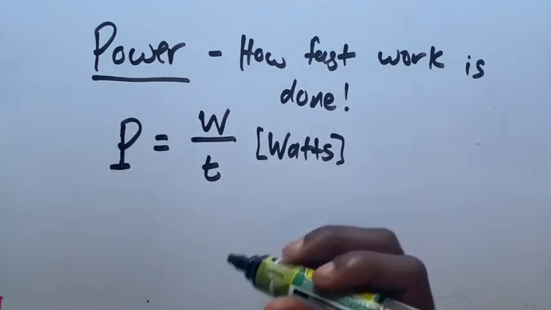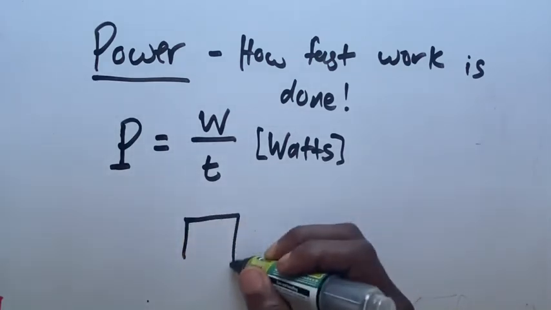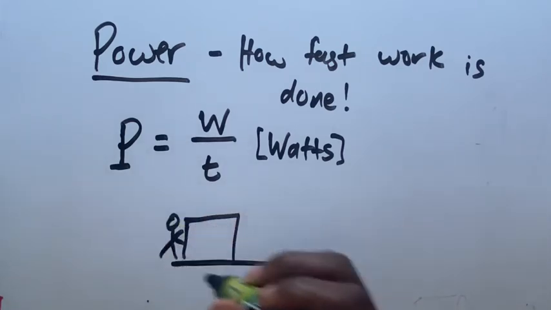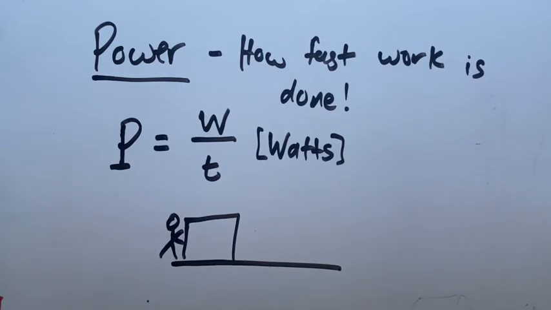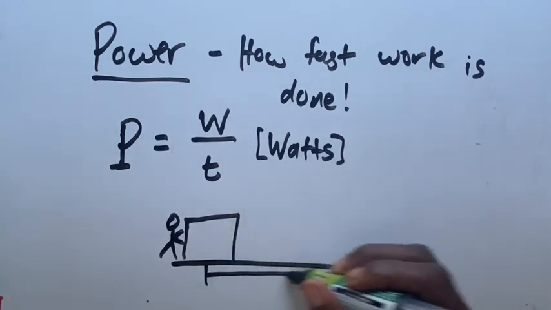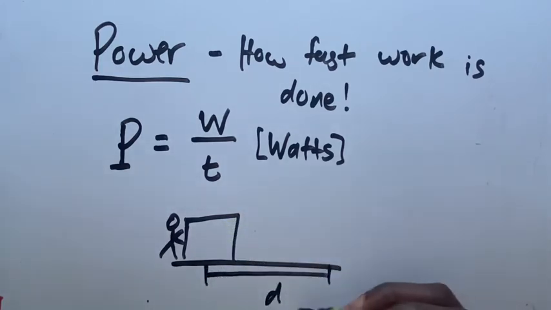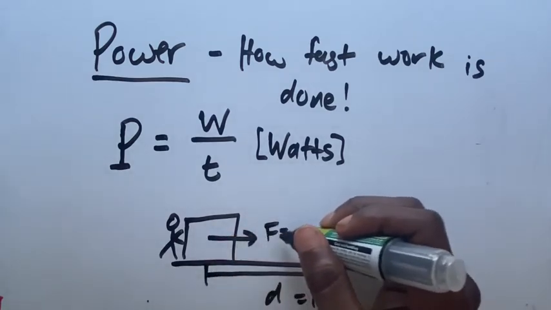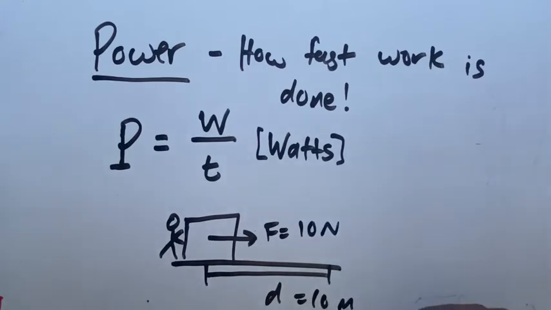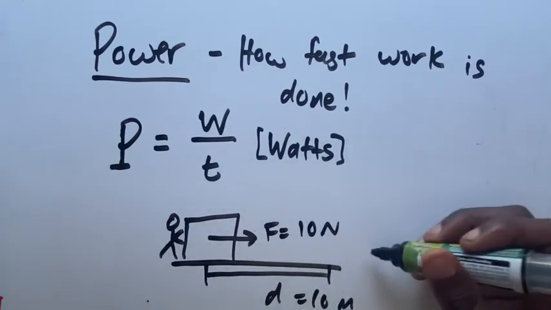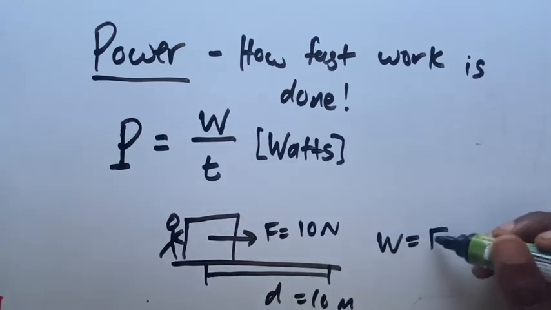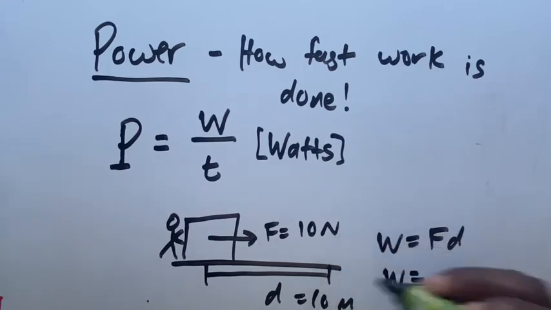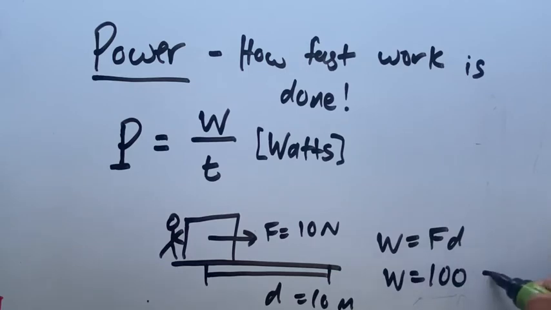Let's go back to the box scenario here. Let's say you push this box a distance of 10 meters and you apply a force of 10 newtons. The work here, we know, is just force times distance, so the work is going to be 100 joules.